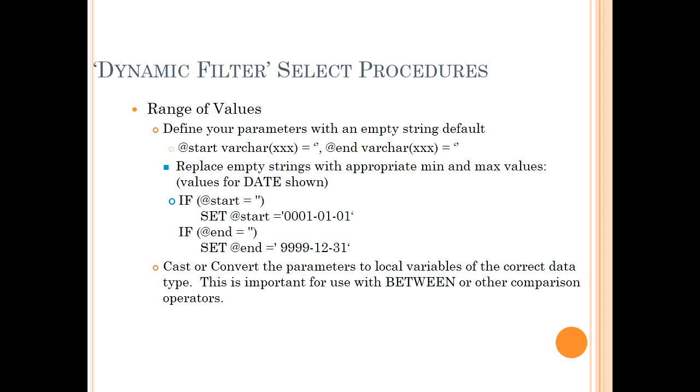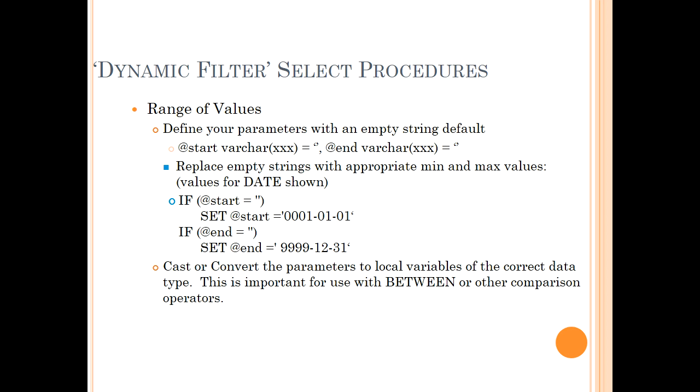And we'll see that we can set it up easily so that you don't actually have to have a start value. You have to have one or the other. You could have everything after the start value and you don't care about the end, and vice versa, quite easily with this arrangement. But we start off with the two parameters for the starting and ending of the range.